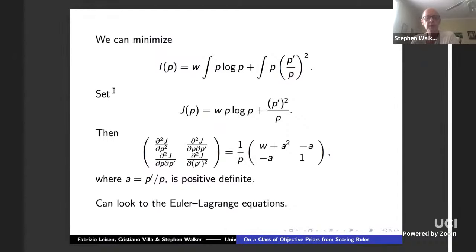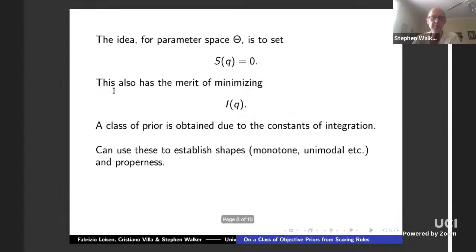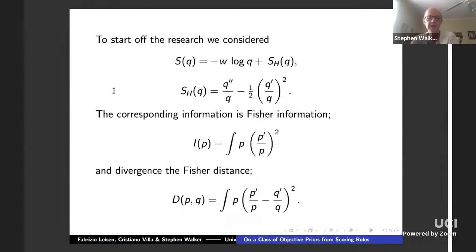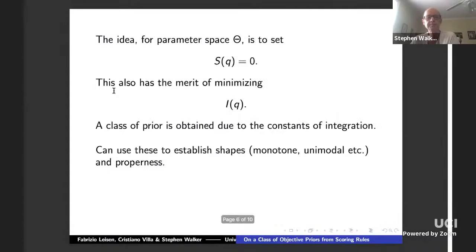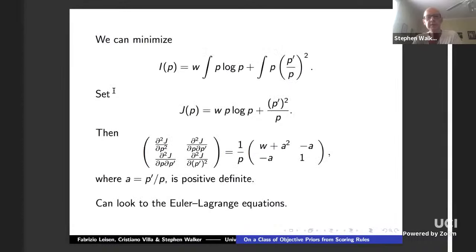So looking at it from an information perspective, if we set the score to be 0, we get an immediate equation. That would be fairly easy to see. So that's the S_Q we have up at the top of the page there. If we set that to 0, we get an immediate equation to solve, a second order differential equation. If we look at it from the information point of view, then we're literally just adding the Fisher information in a weighted form to the Shannon information.